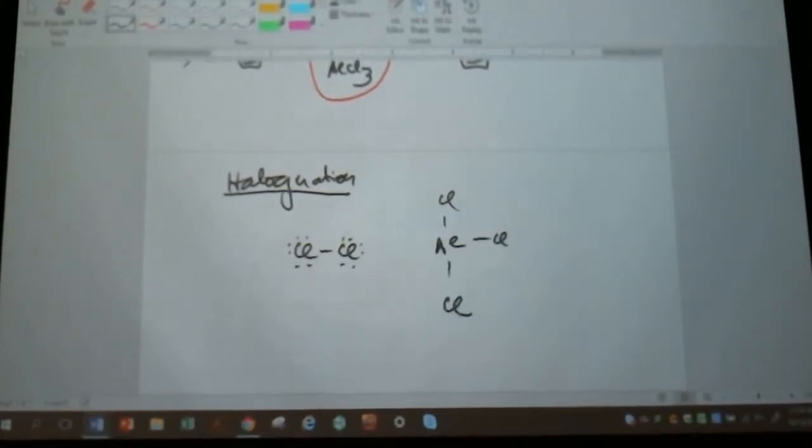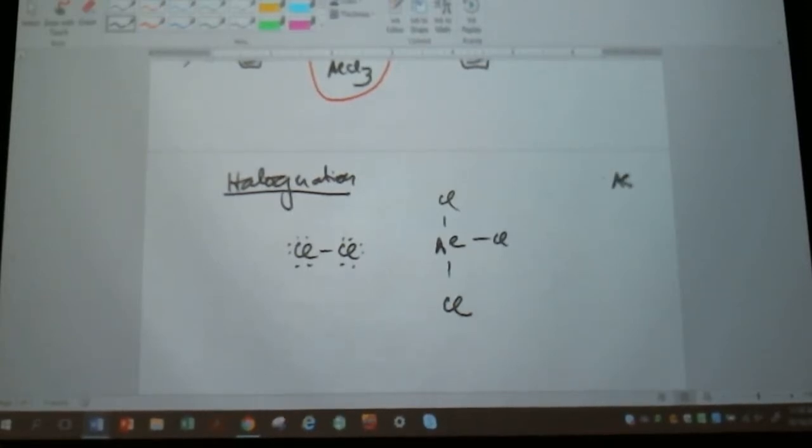So remember, my reagents are going to involve a halogen and a Lewis catalyst: aluminum trichloride, ferric trichloride, tribromide, whatever.